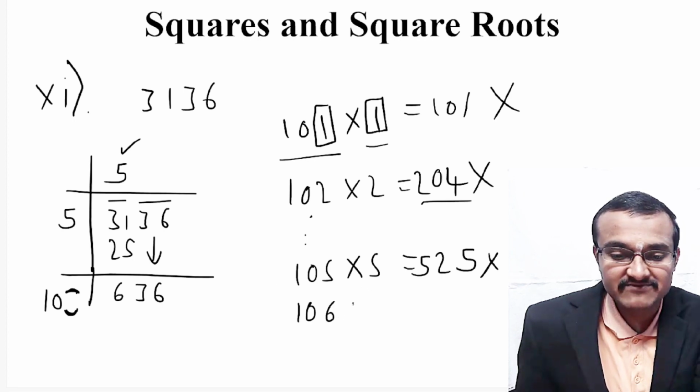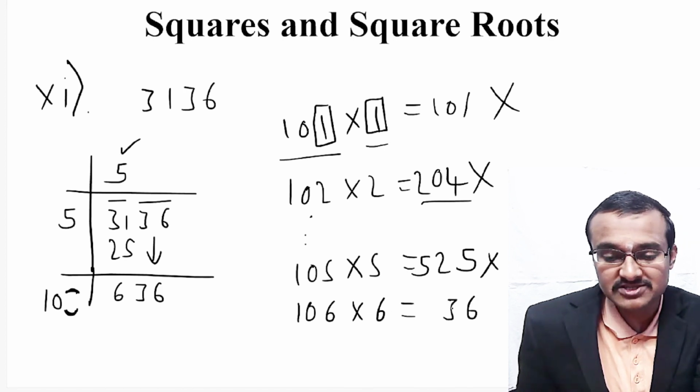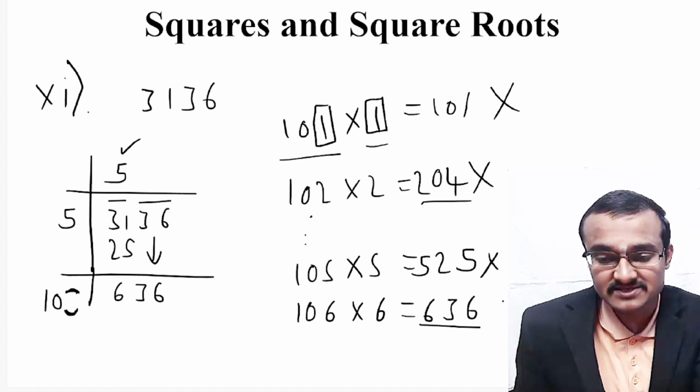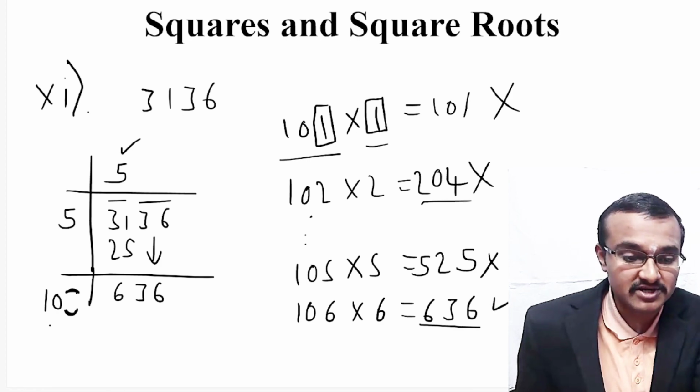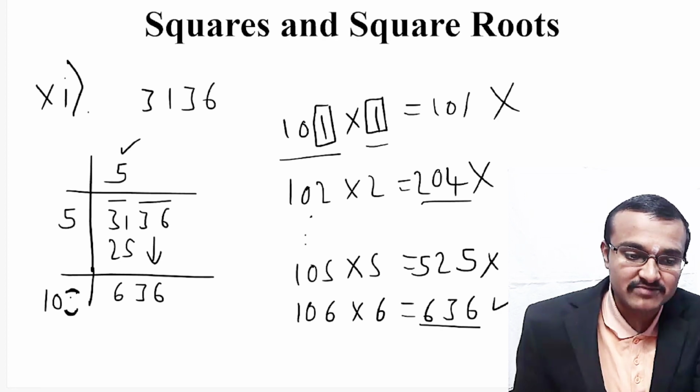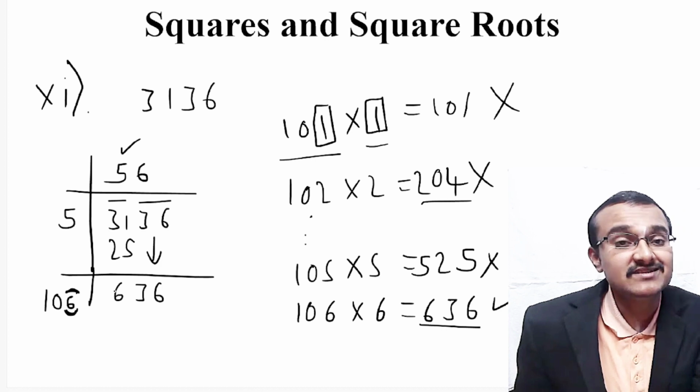So let us try with 6. So 106 into 6. 6 6s are 36, 3 carry, 6 zeros are 0, 0 plus 3 is 3, so 36 is that, 6 ones are 6. So you are getting 636. That is actually matching with this particular 636. So that means here you should put 6, and you should multiply this 106 with 6.